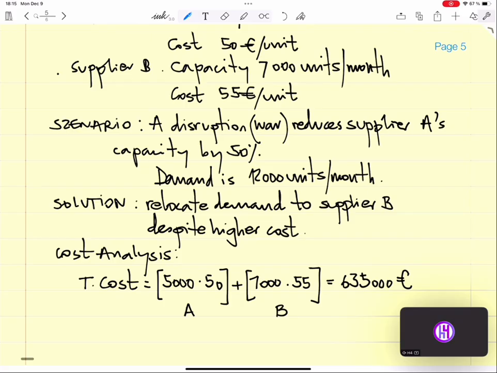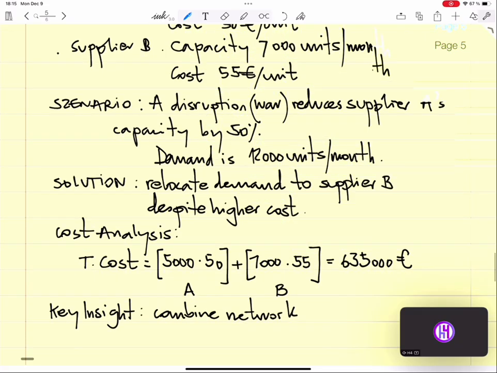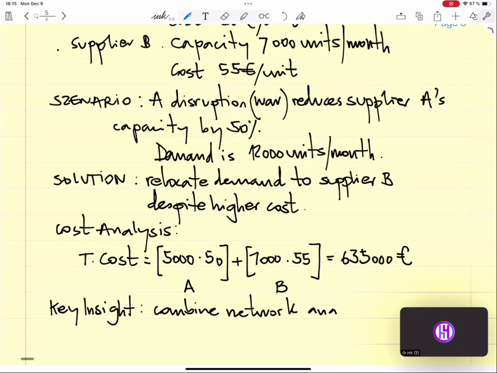And the key insight here is combine network analysis with game theory.